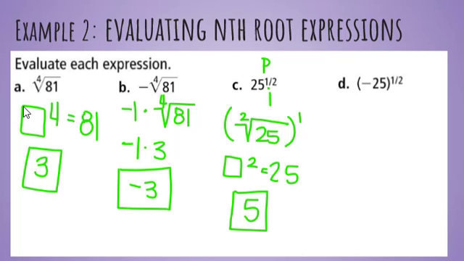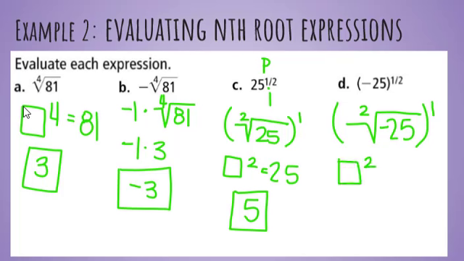Our next one is kind of similar to what we did here. Our power is 1, our index is 2. So when we draw this, we have an index, and then our negative 25 is on the inside, and this is raised to the power of 1. Now, is there a number that I can square that gives me negative 25?